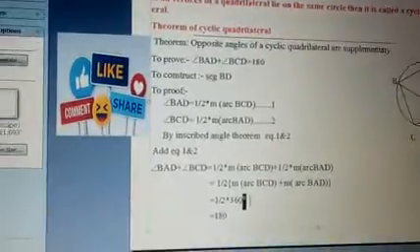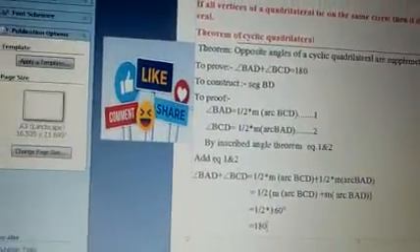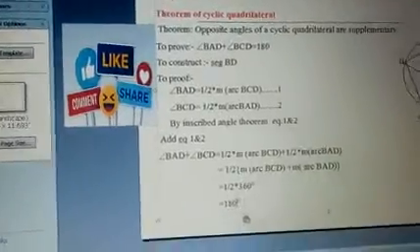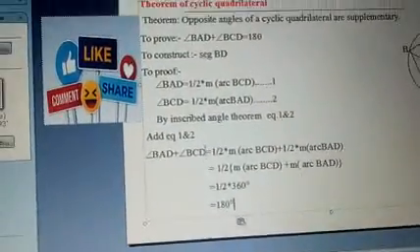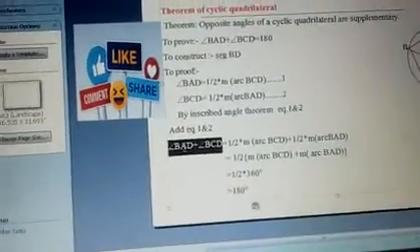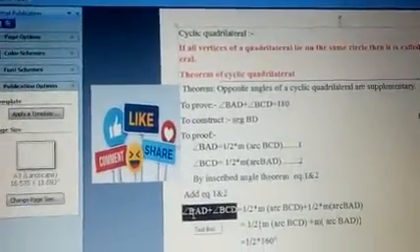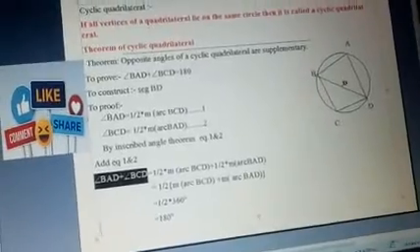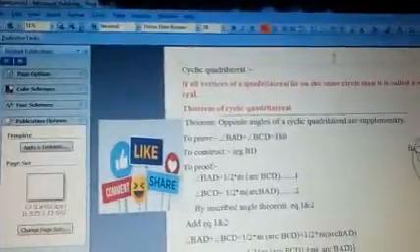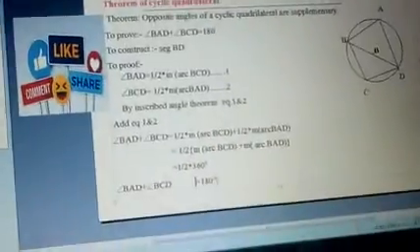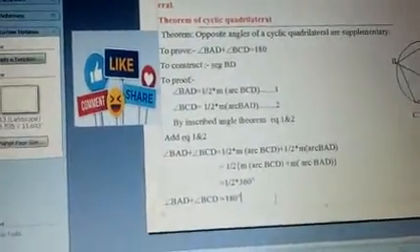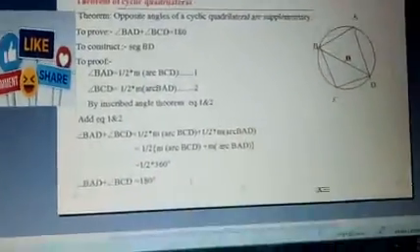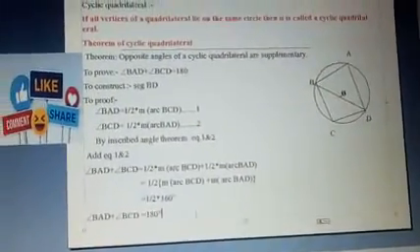It proves the sum of these two angles, which are opposite angles of a quadrilateral, is always 180 degrees. Now we have proved our statement.